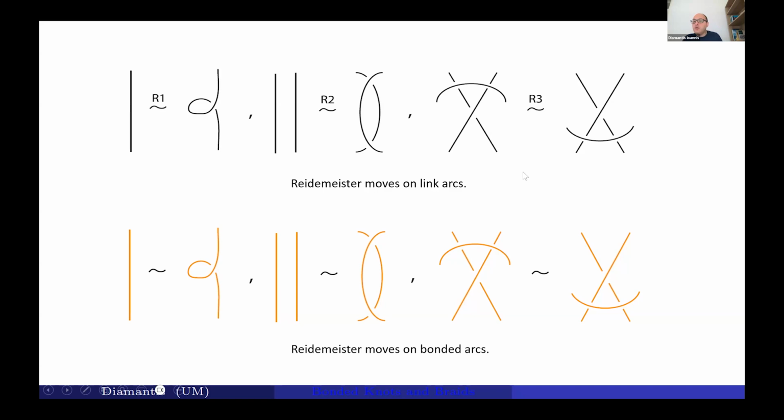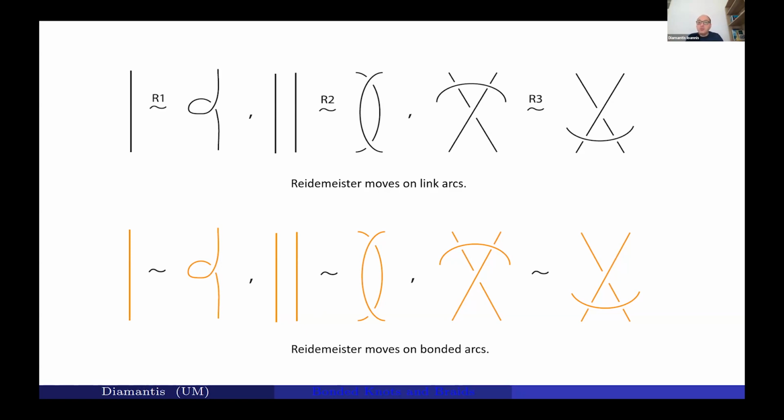And the same moves we allow for bonded arcs. That's something very new, I would say. No one has considered so far that the bonds can actually be deformed. All right, so we start with a very general case, and we allow bonds to be, let's say, a little bit more elastic and be able to deform them.